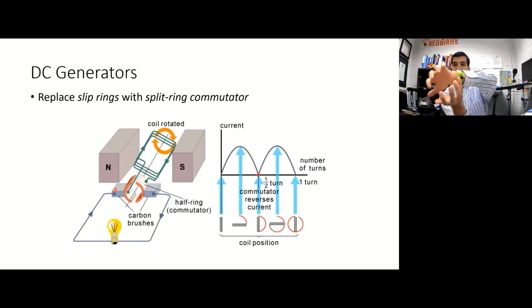But as it rotates half a turn, this side is going to be connected again through this segment, but it will have rotated, and now it's connected to this brush. All right, so that's what it's doing. Where you would have had a negative voltage down here, instead you keep a positive voltage.